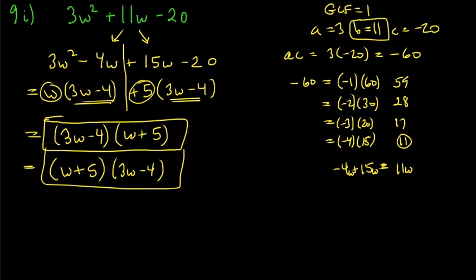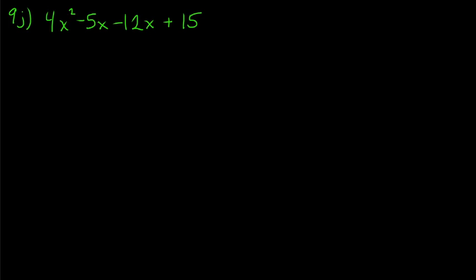Okay. All right, so moving on to the slightly more difficult ones. Part J, 4x squared minus 5x minus 12x plus 15. Once again, the GCF is 1, right? It's not always 1, but it seems to be for most of these problems here, right?